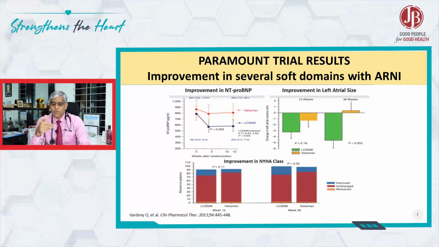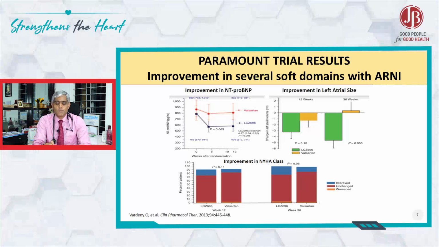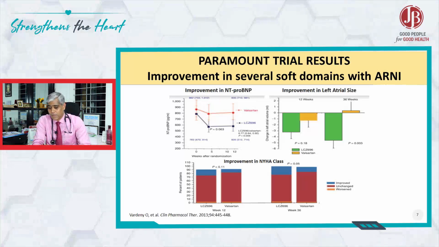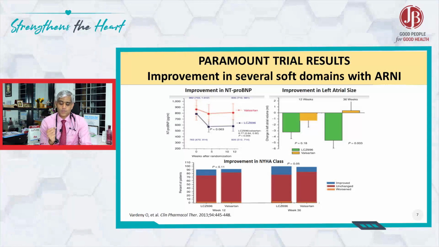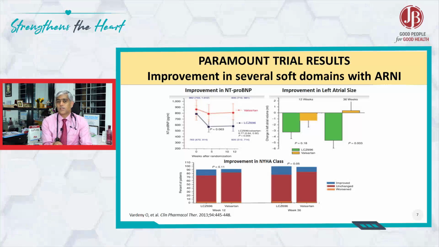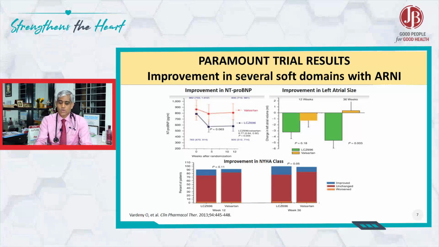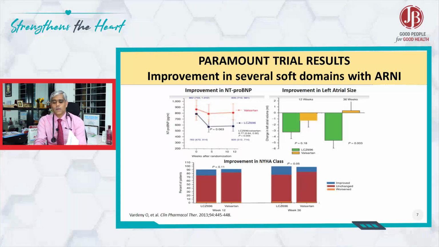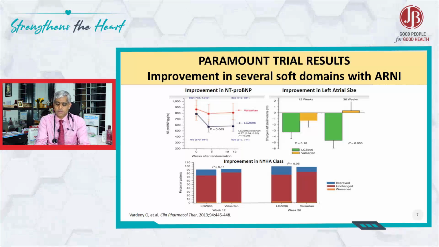That's why we have to rely on surrogate markers. PARAMOUNT clearly showed improvements in NT-proBNP, and left atrial size or LA volumes were reduced. Patients did report improvement in NYHA class. So PARAMOUNT did show some benefit of ARNI in heart failure with preserved ejection fraction.